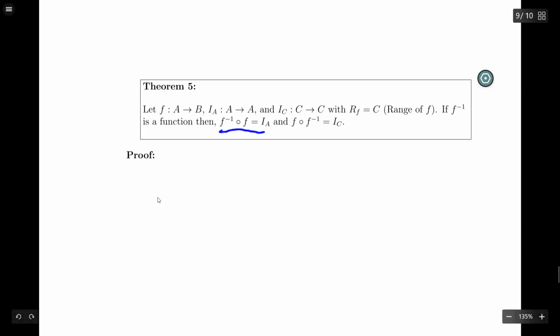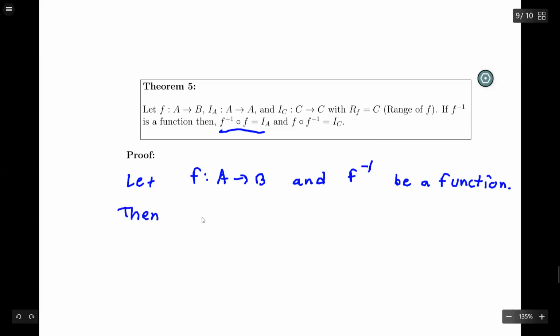So I'm going to say, okay, let f be such that A maps to B, and the inverse of f be a function. Because if it's not a function, then we can't really prove this. Then the domain of f inverse compose f is equal to the domain of f by Theorem 2.